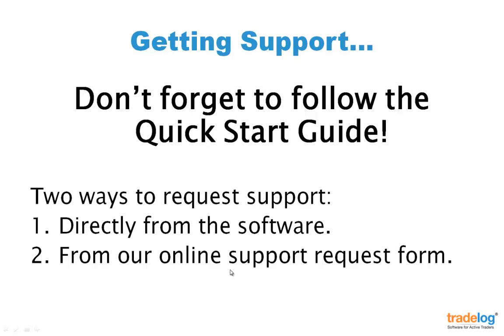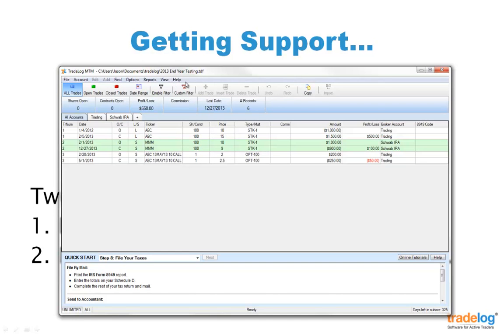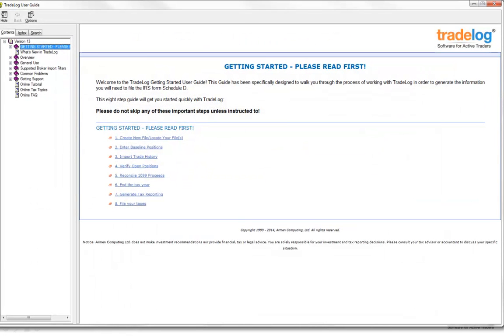Also, we have 2 ways to request support, directly from the software and also from our website and our support center online. So first of all, I want to show you in the software how to go to our Quick Start Guide. If you want to open that within the software, go to the Help menu, click Getting Started Quickly. That's going to open up our user guide, and there's the 8 steps to getting started.